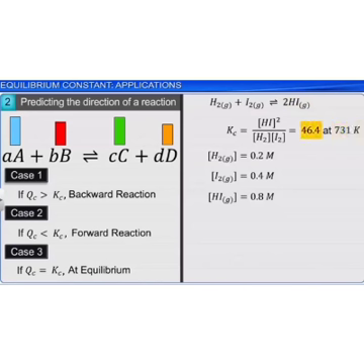Suppose at a given time, the molar concentration of hydrogen is 0.2 M, that of iodine is 0.4 M, and that of hydrogen iodide is 0.8 M. The reaction quotient, Qc, at this stage of the reaction is equal to the concentration of hydrogen iodide raised to the power of 2 divided by the product of the concentrations of hydrogen and iodine.